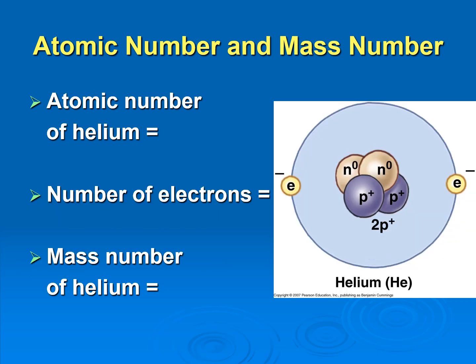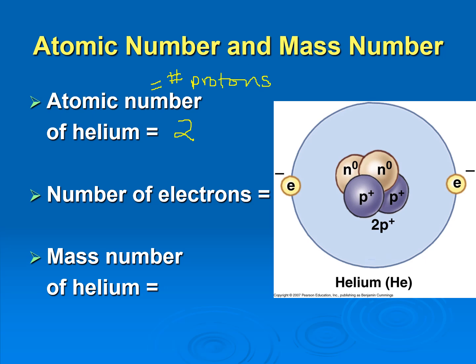Okay, let's look at some examples. Here we've got a helium atom, and let's look at the atomic number of helium. Remember, the atomic number is just equal to the number of protons. If we look in the nucleus, we can see that there are 2 protons. So the atomic number of helium is 2.